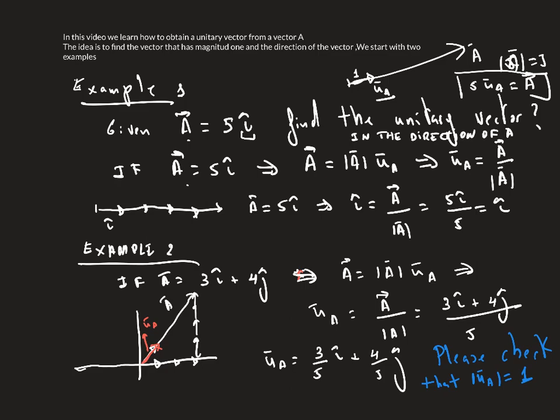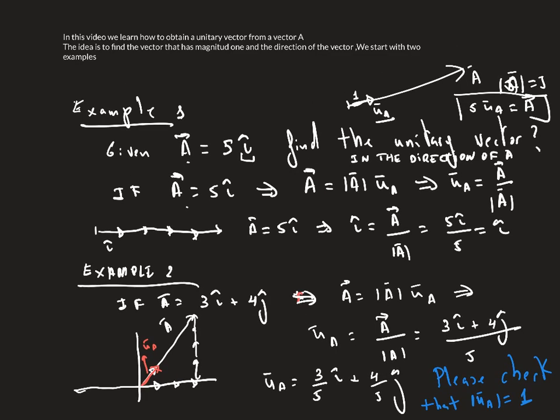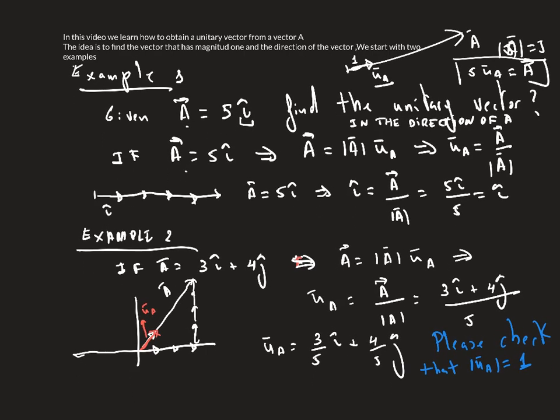And this is the equation that we use to solve any problem involved in finding the unitary vector. So if A is equal 5i, the unitary vector is the vector itself, 5i, divided by its magnitude. The magnitude of 5i is 5, so it's the vector i.